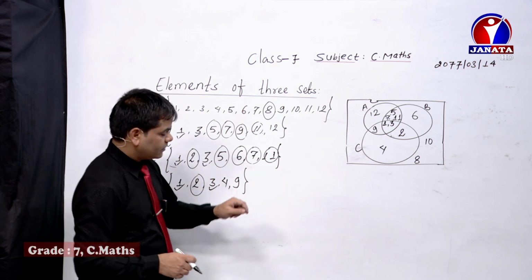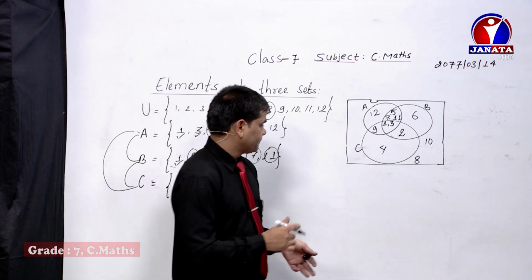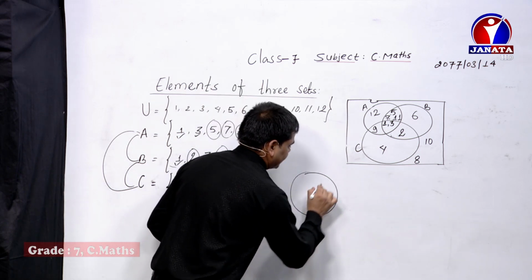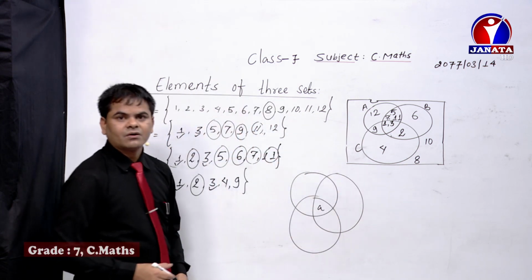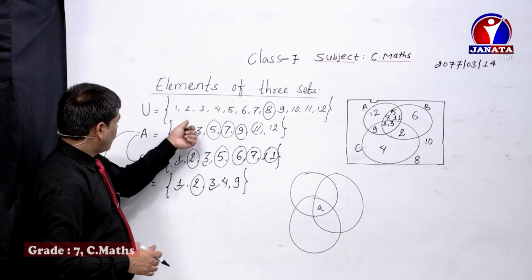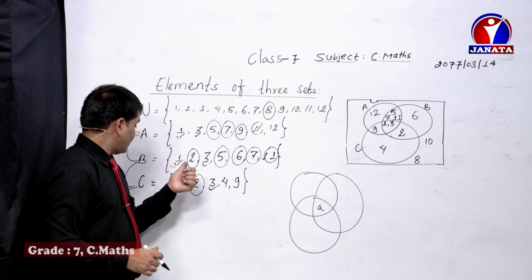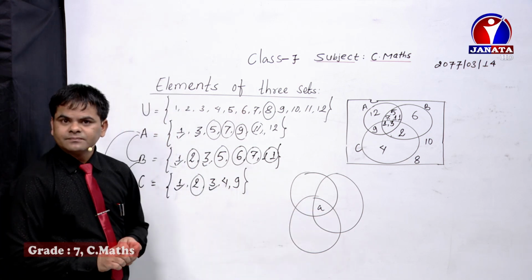That's why 1 and 3 should be kept in the common area of the whole 3 circles. That means if you make another circle in here, this area belongs to the common area of all 3 circles.